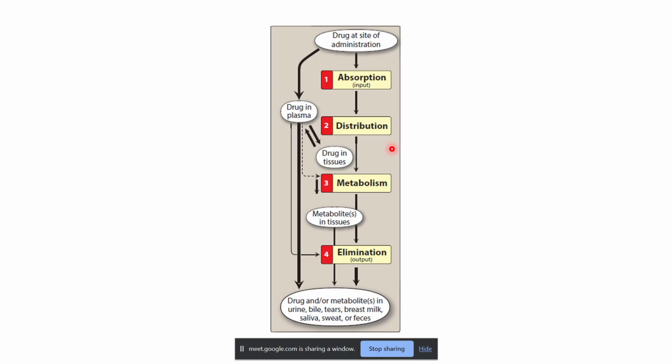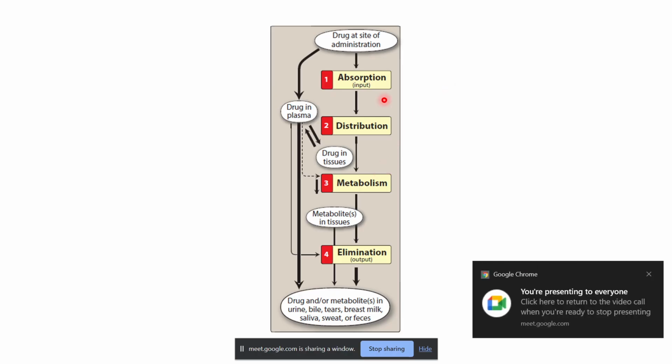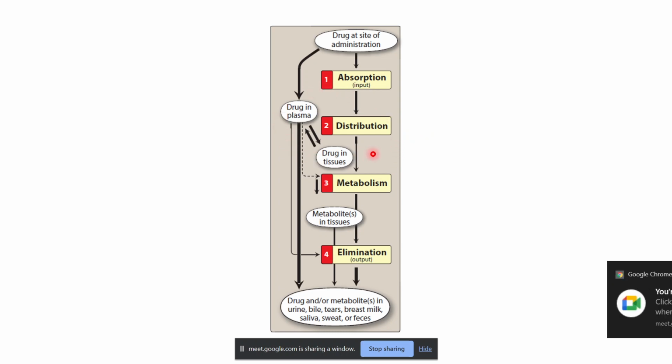This phase depends mostly on the chemical structure of the drug, but most of the drugs are neither lipophilic nor hydrophilic, and also are usually neutral molecules, not charged.